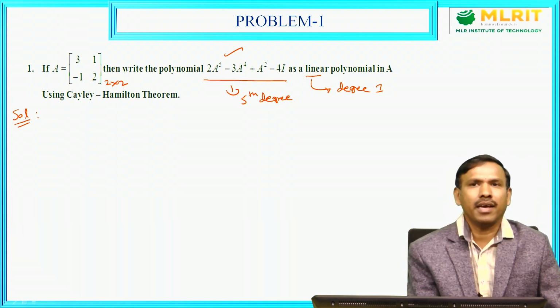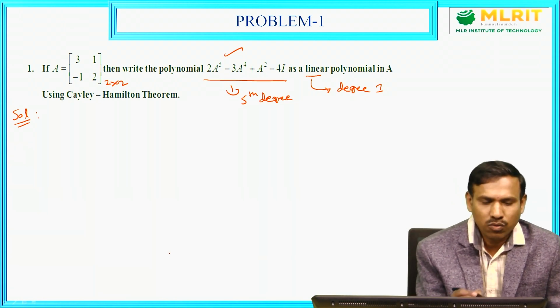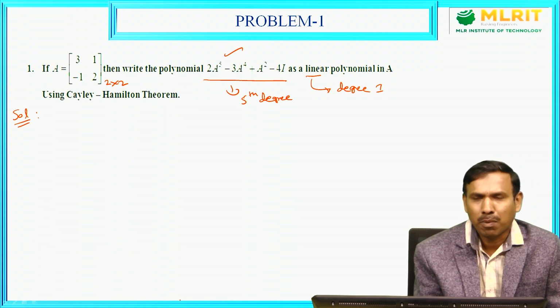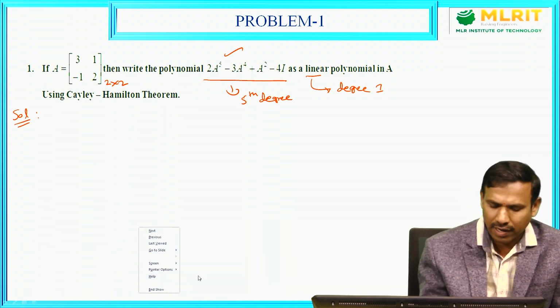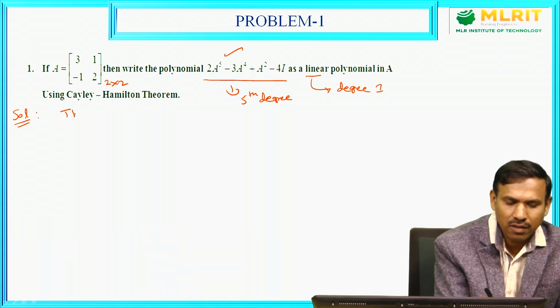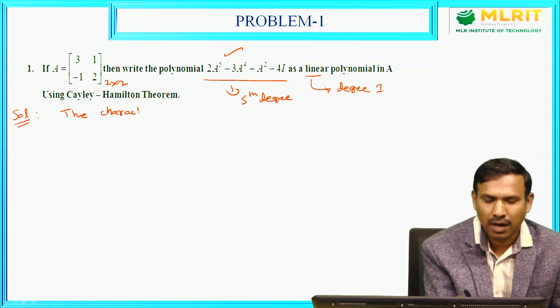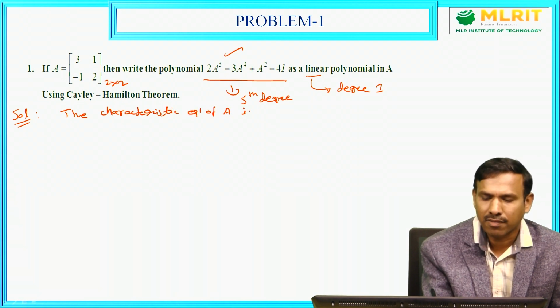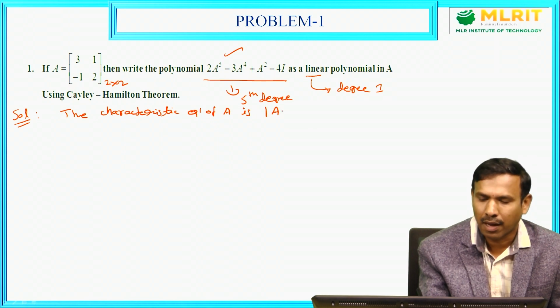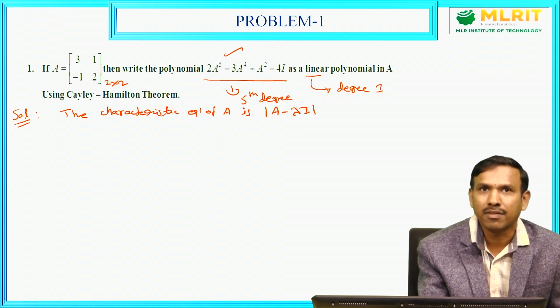So, we need the characteristic equation. The given matrix A is equal to [3, 1; minus 1, 2]. The characteristic equation of A is det of A minus lambda I is equal to 0.